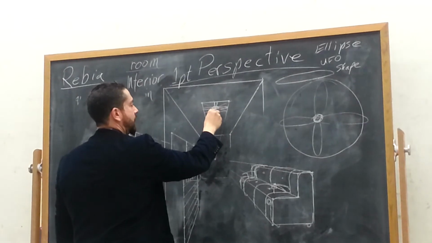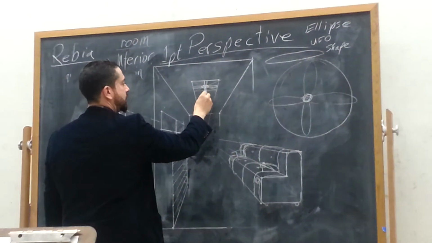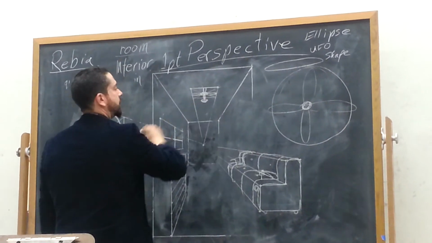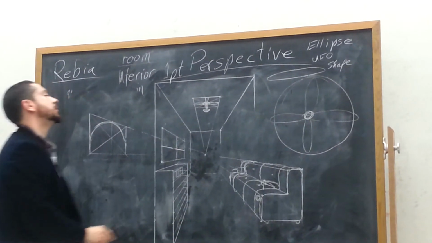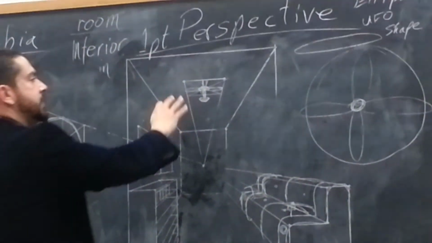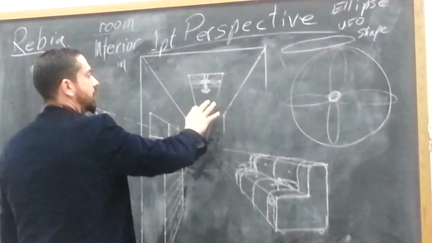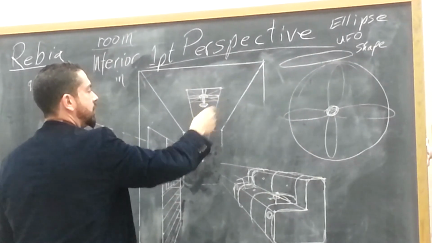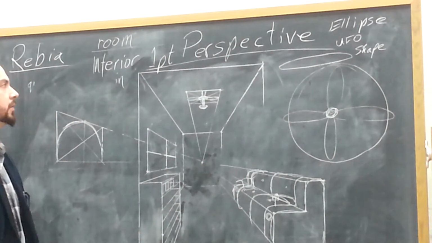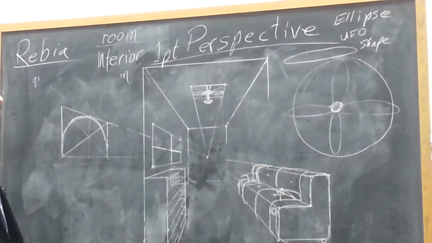Okay, and maybe something like a little light. Something like that. So it's all this construction, okay? All this construction to create that simple shape, okay?